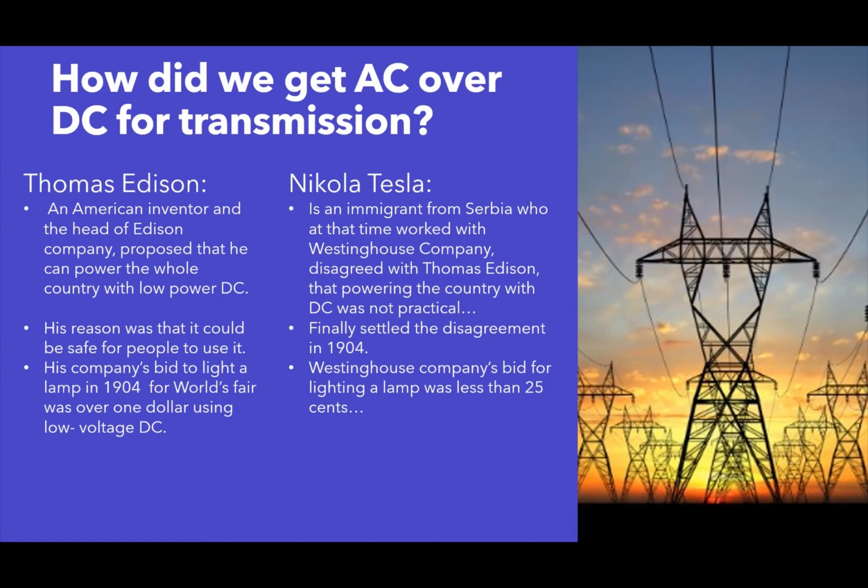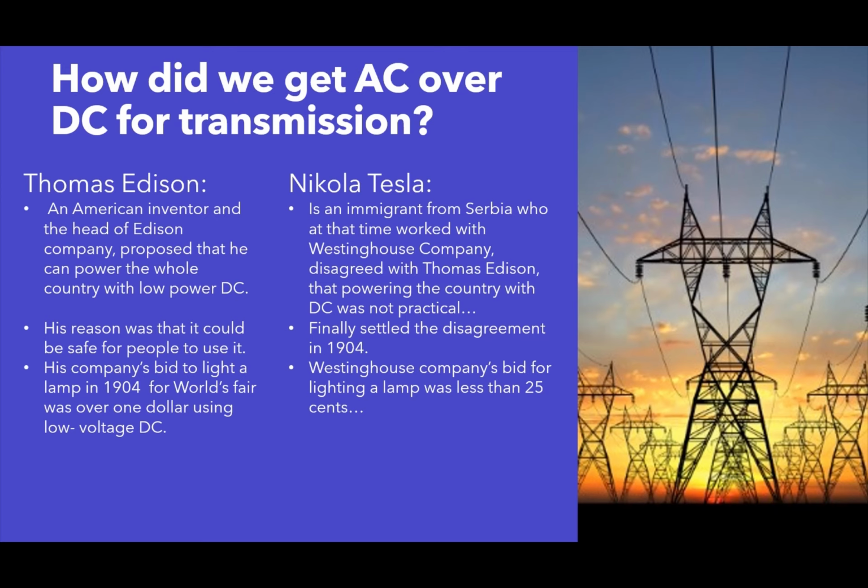Thomas Edison is an American inventor and the head of the Edison Company. He proposed that he can power the whole country with a low power DC. That was his assumption, that he can power the whole world with low power DC. His reason was it could be safe for people to use because it's not high voltage.